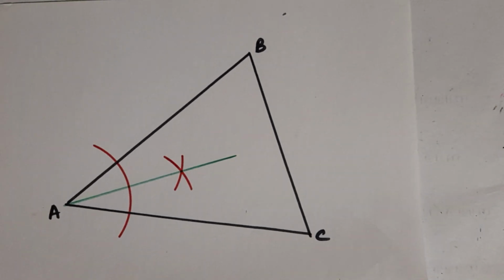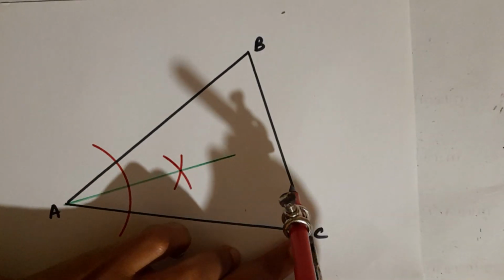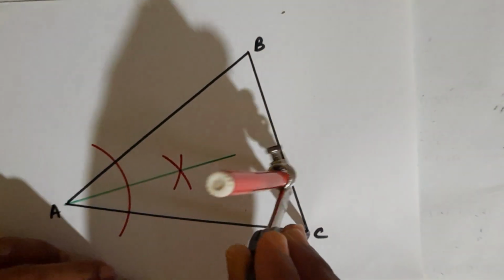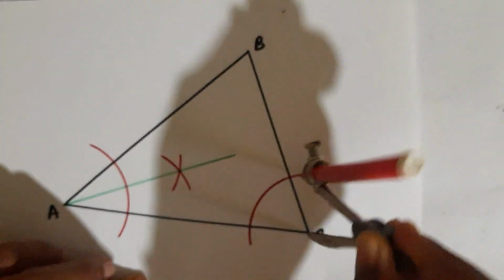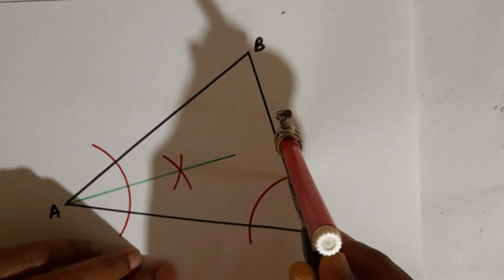In the same way, we have to construct the angle bisector of another angle. I will take the BCA angle and do the construction. The same procedure here.